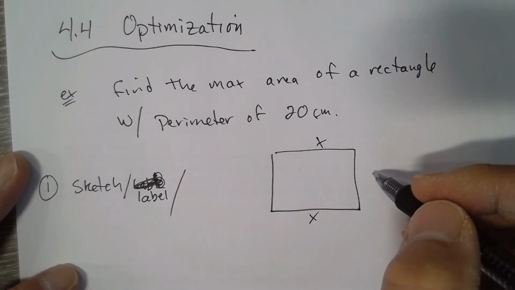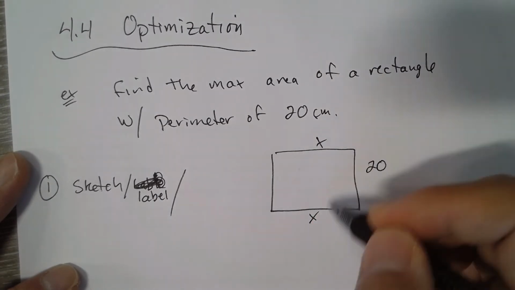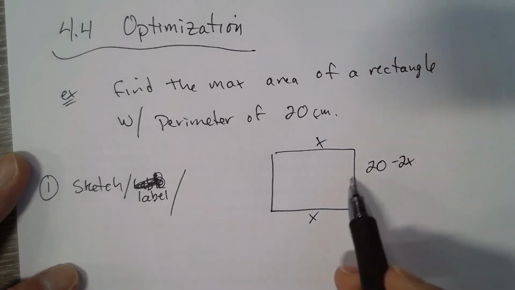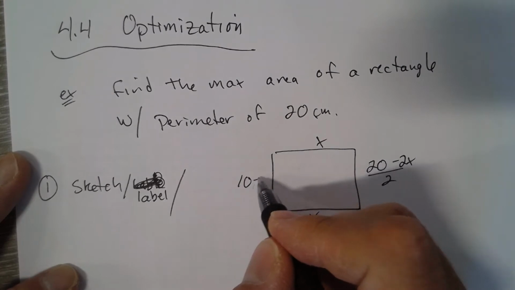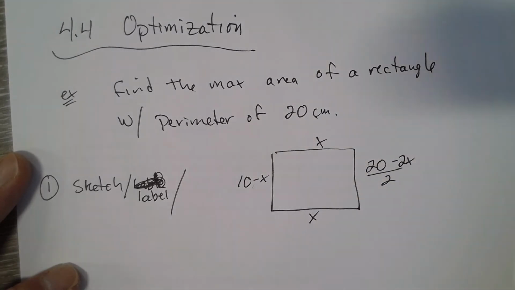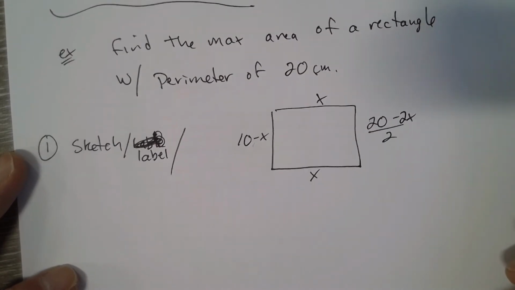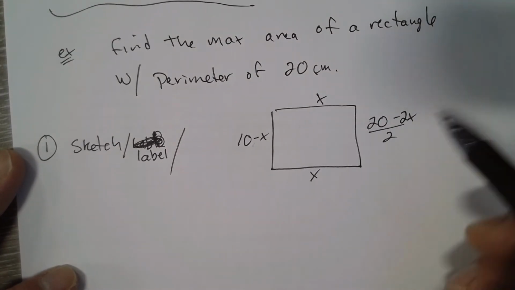So this is 20 minus what we've used. But then we have two sides remaining, so we have to divide that by 2. So 10 minus x is what these two sides are going to be. Alright, so we have it labeled.